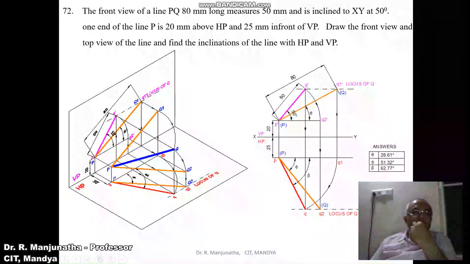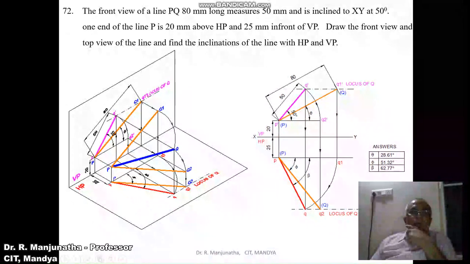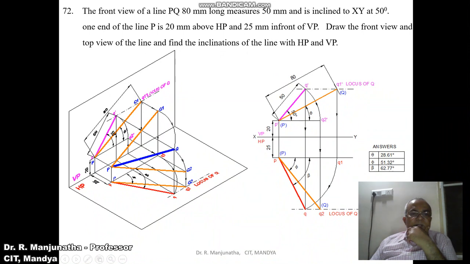With P as center, taking the radius of PQ1, draw an arc such that it cuts this end projector line, so that you get this point here.